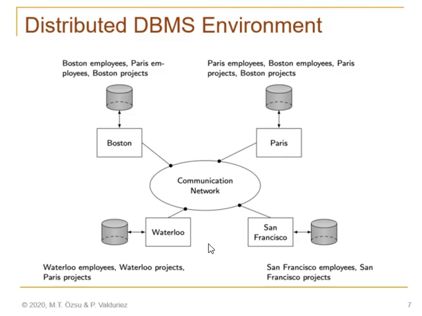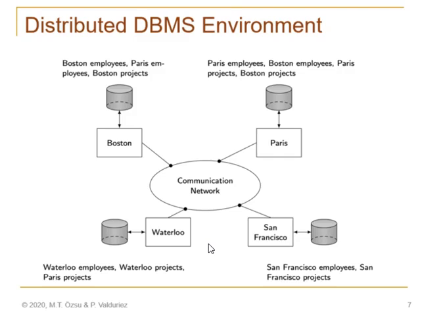So now we also had to discuss if there is replication. The cases that we will study here will not involve replication, so we will make an assumption for this case that the Boston employees that are stored at Boston and the Boston employees that are stored in Paris have no intersection, they have nothing in common.